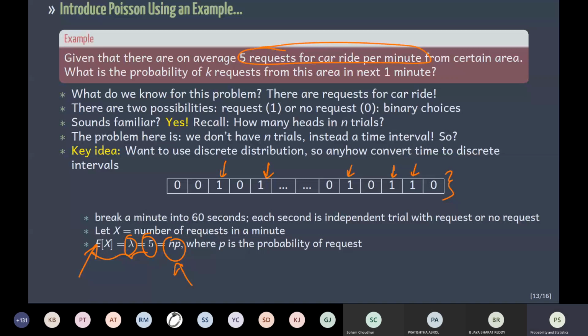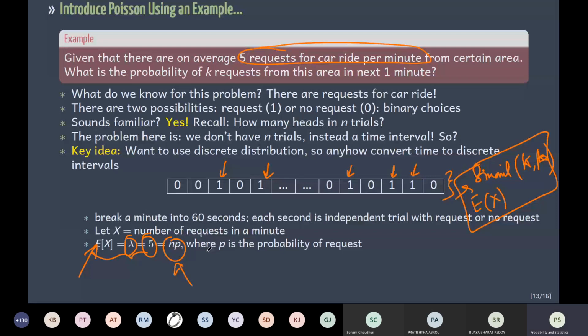So this is like a binomial of n, and how many requests I get, with k here and p here. If I compute the expectance of the binomial random variable with these parameters, I will get np. So if we look into the binomial and compute the expectance, we should have expectance to be np.